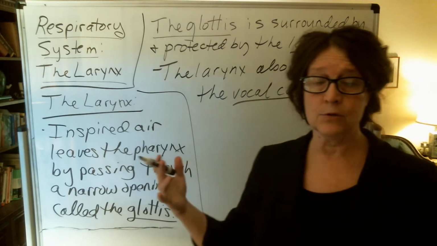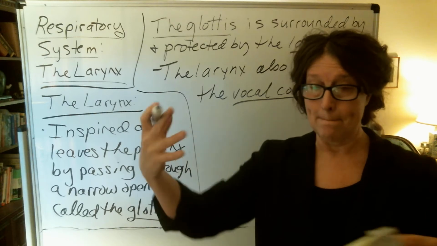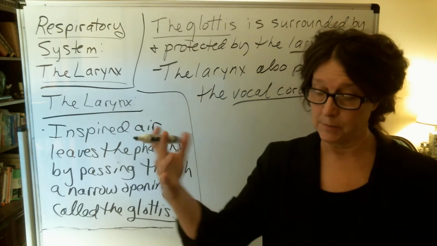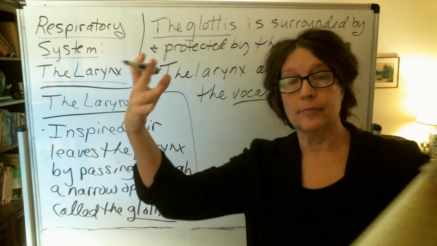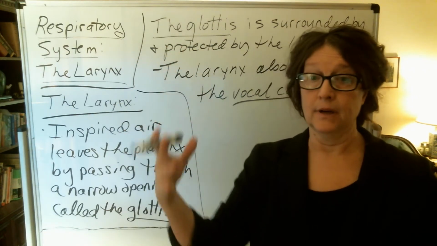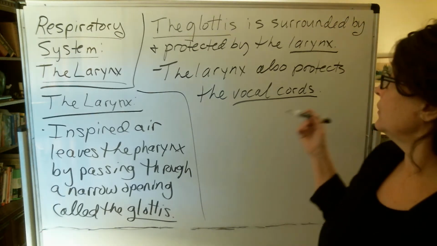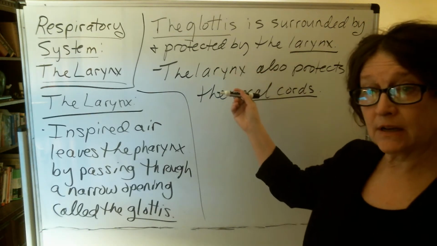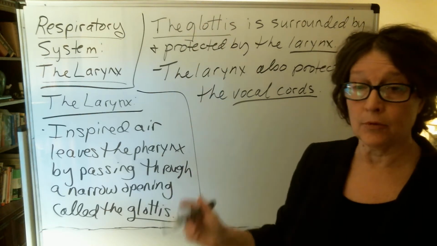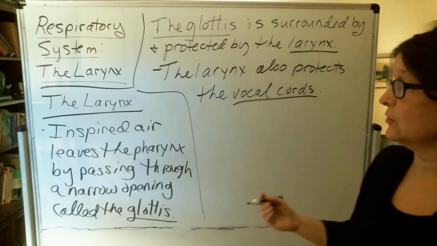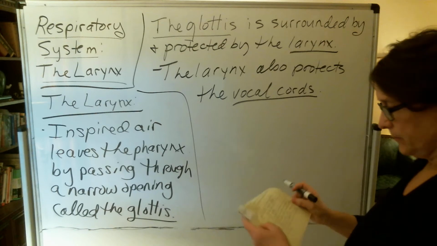So the larynx is sort of this cartilaginous box, except it's not a box, but this cartilaginous structure that forms a cage, basically, which can then surround and protect the vocal cords. And then also you have the opening at the top of it, which is what air goes through to get where it's going.